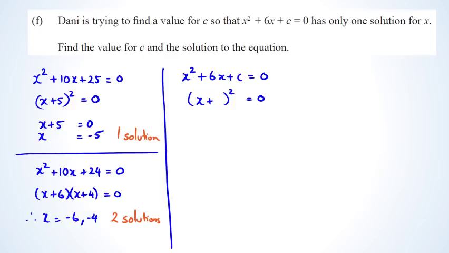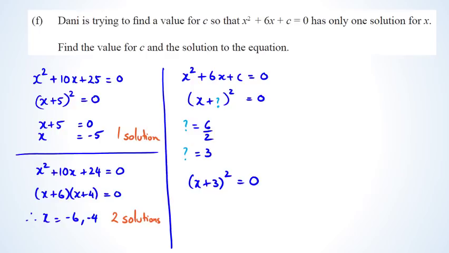To figure out this number here, that number is going to equal 6 divided by 2. So the question mark would equal 3, because this means you can write this equation as x plus 3 squared, because x plus 3 squared is going to have just one solution.